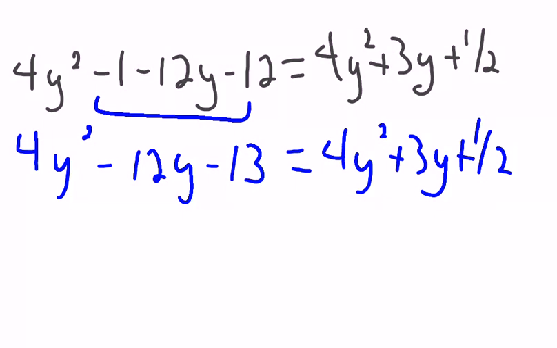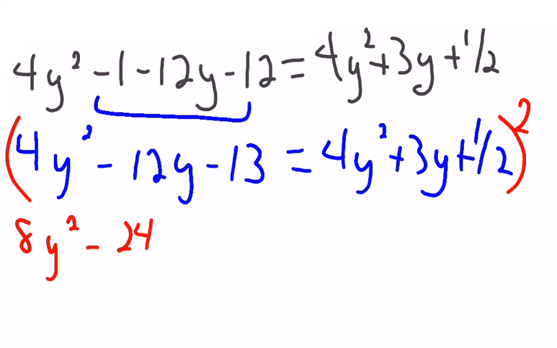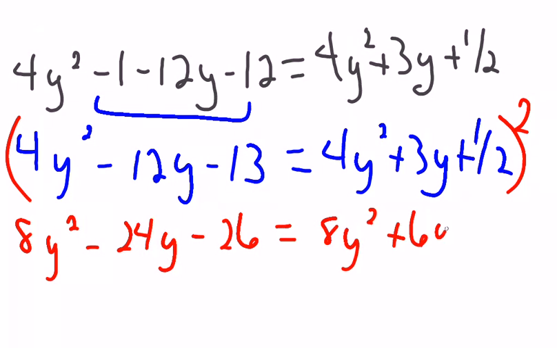Now we can do a couple different things. Here with the 1/2, we could multiply everything by 2 and get rid of the 1/2, if that makes everything better. If I do that, then I get 8y squared minus 24y minus 26 equals 8y squared plus 6y plus 1.